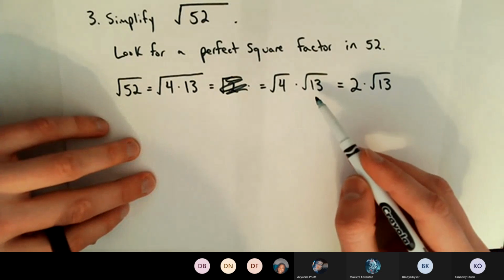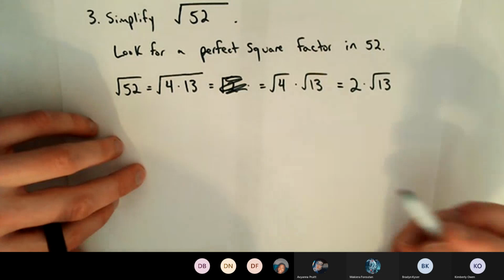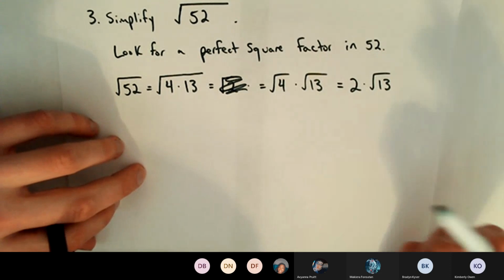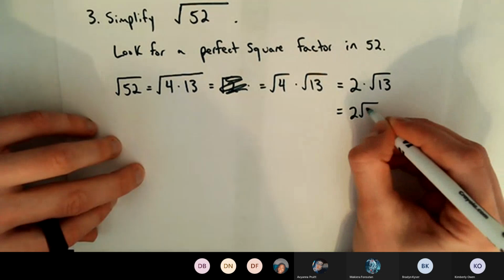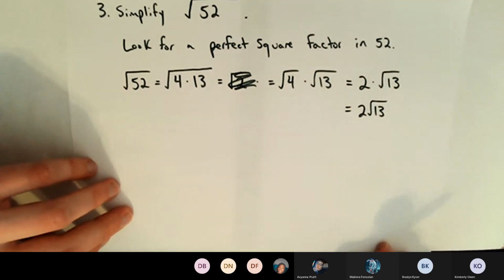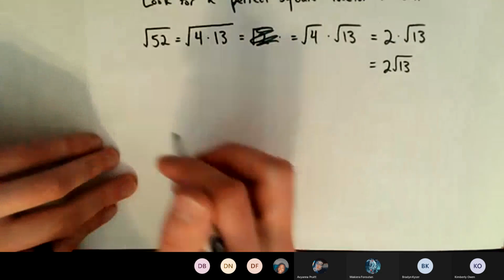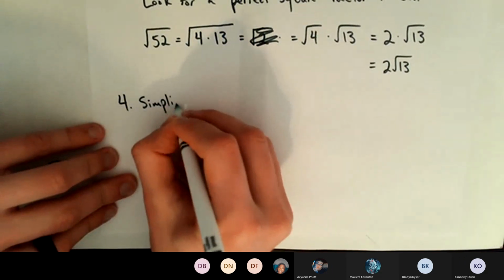Nothing else can be done with 13, right? It surely does not have any perfect square factors. In fact, it's prime, right? It has no factors other than itself and 1. And if I really wanted to just clean this up, I could write it like this without the multiplication dot. All right, let's simplify a cube root.